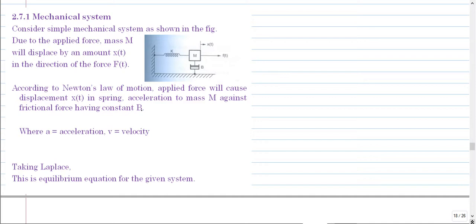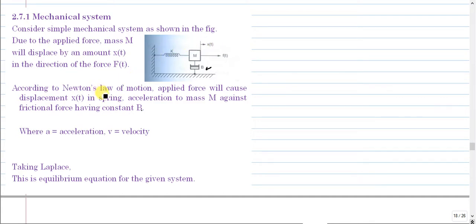Here you can notice a mechanical system where you have a mass m, friction b, and k, the spring constant. So a force is applied and there is a displacement x of t.